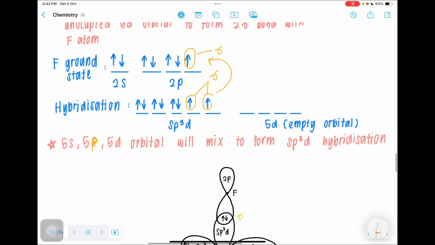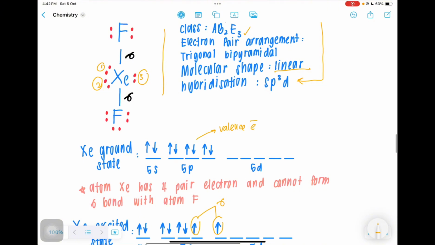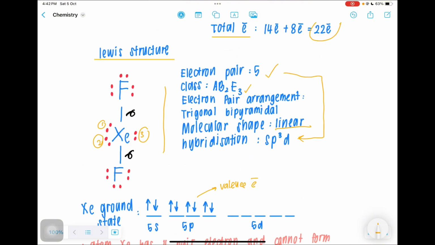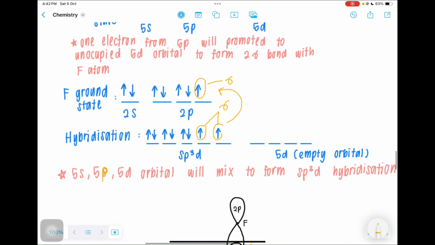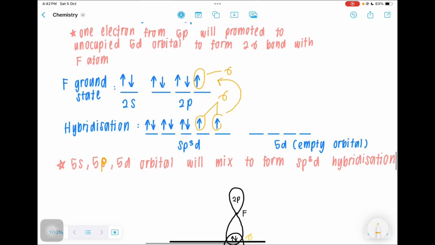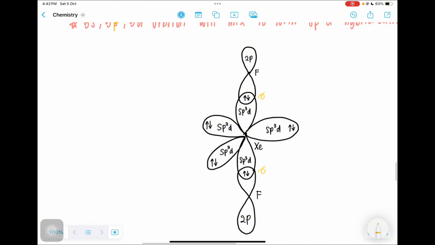And for the 5d empty orbital, we don't need to do a pi bond, because when we draw the Lewis structure, it doesn't have a double bond or triple bond. So we just leave it and it stays here. 5d is an empty orbital. So we will draw the hybridization.